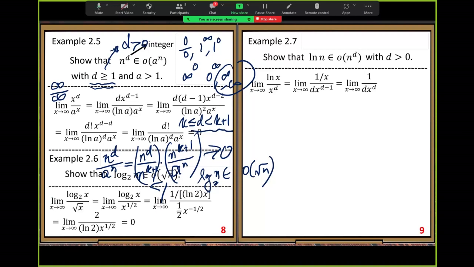It's not an infinity over infinity indeterminate form anymore, so we can take the limit directly as x goes to infinity. Because d is a positive number, x to the d also goes to infinity, so the denominator goes to infinity, and the whole fraction's limit equals 0.